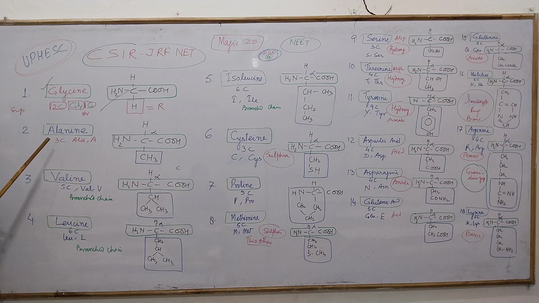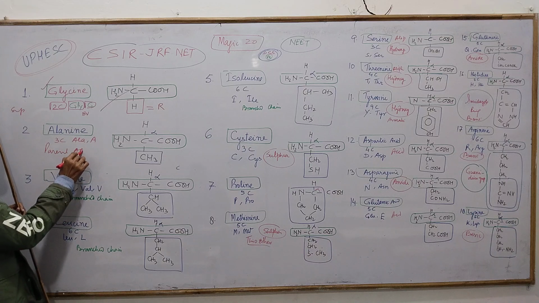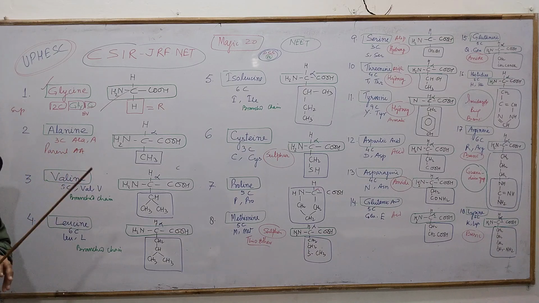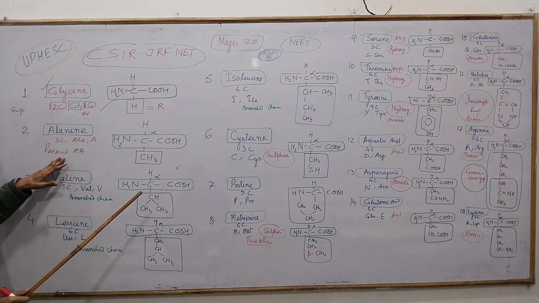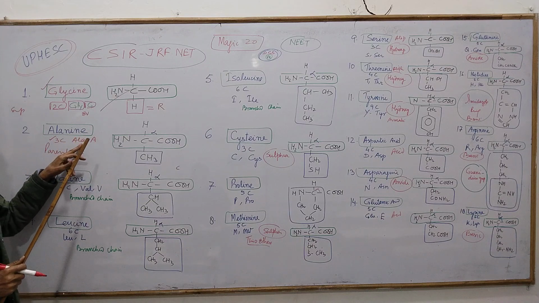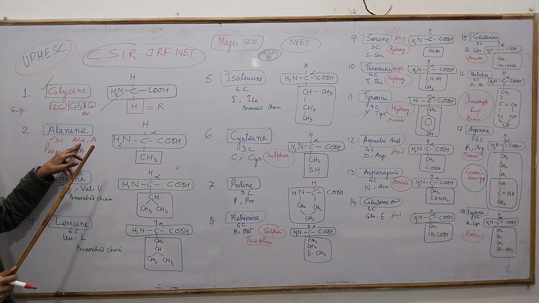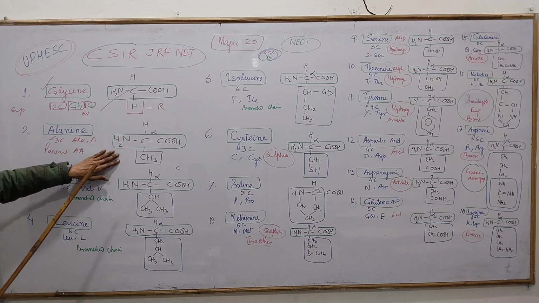Now I am taking alanine. Remember, alanine is a parent amino acid. In what sense do we call it parent? Because all other amino acids are derived from this parent amino acid. It possesses 3 carbon atoms, the triplet abbreviation is ALA and the single letter abbreviation is A. Now you see the structure.